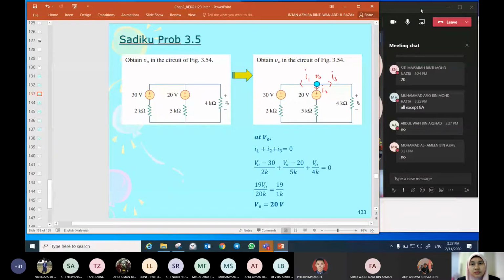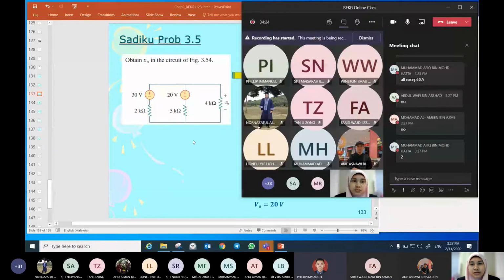Who answered that, Philip? Yes. Okay, how about Afi? Please specify. Where are the two nodes? Afi: the below one here, that connects to the 5K ohm, 4K ohm.